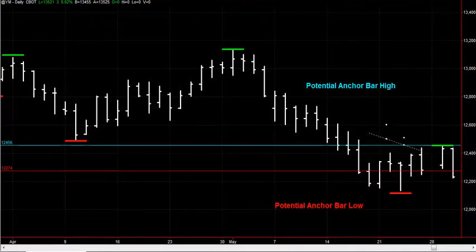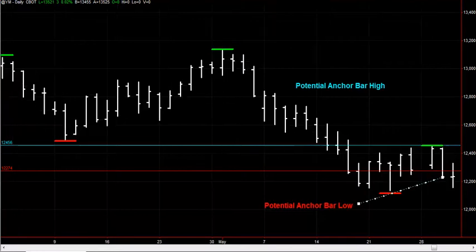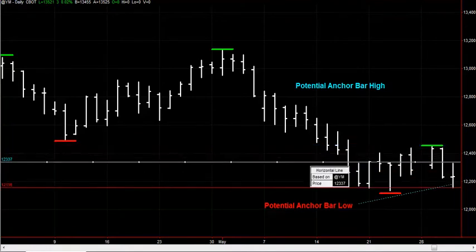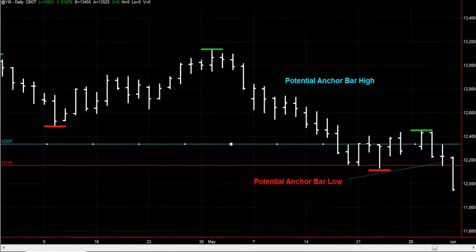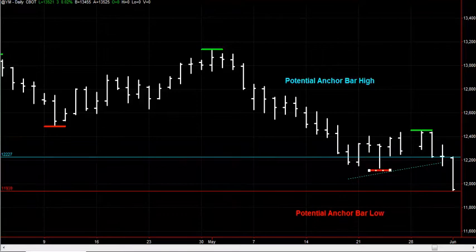So we have to say that the potential anchor bar low now is going to be this bar right there. So let's move along. Okay, so now we have a new potential anchor bar low, and we lower the rules for it to be actualized. Then it continues to move lower, so we lower the low. So this anchor bar now is a potential anchor bar low, and it will only be actualized when we have a close above its high, which is right there.